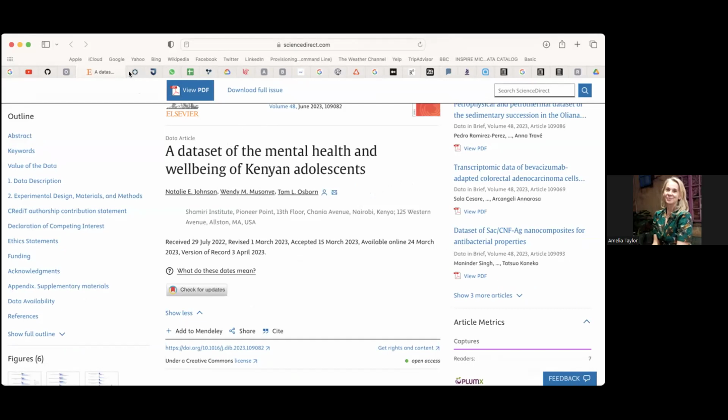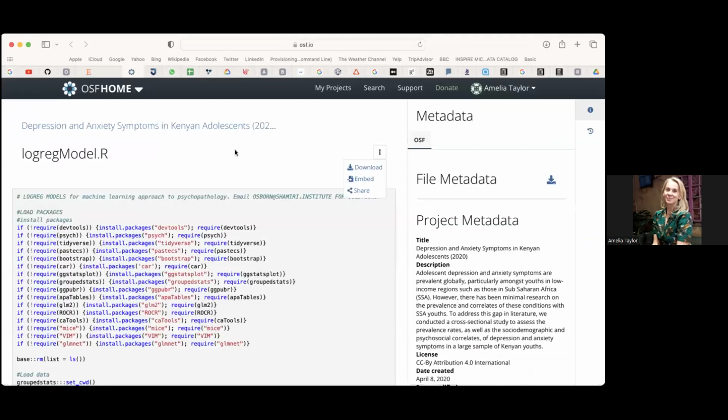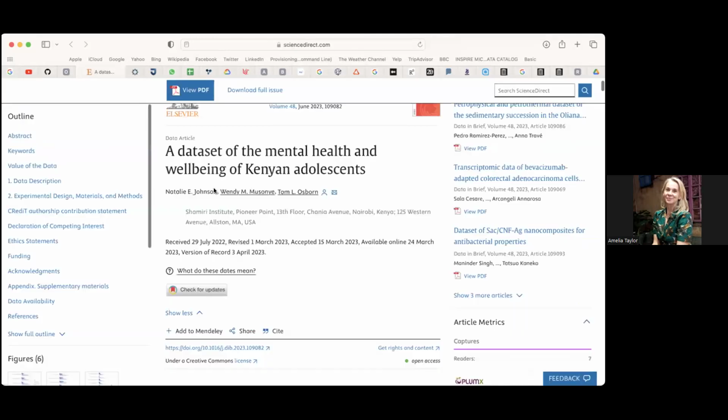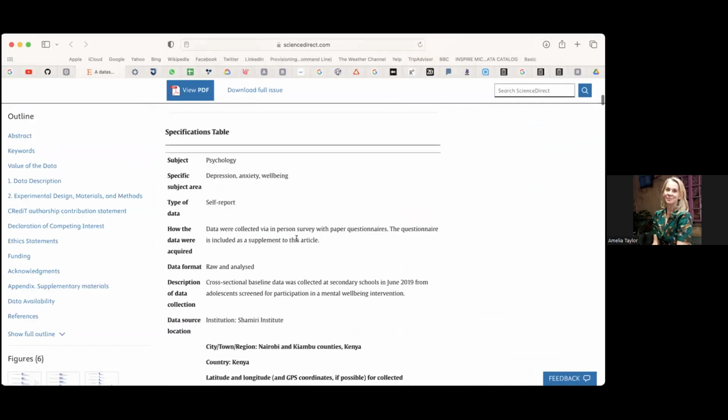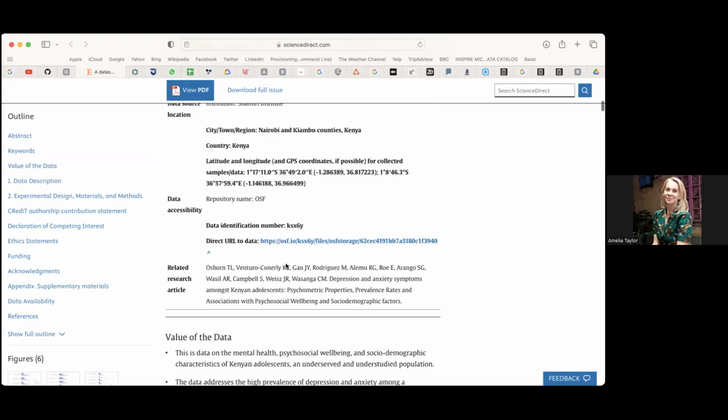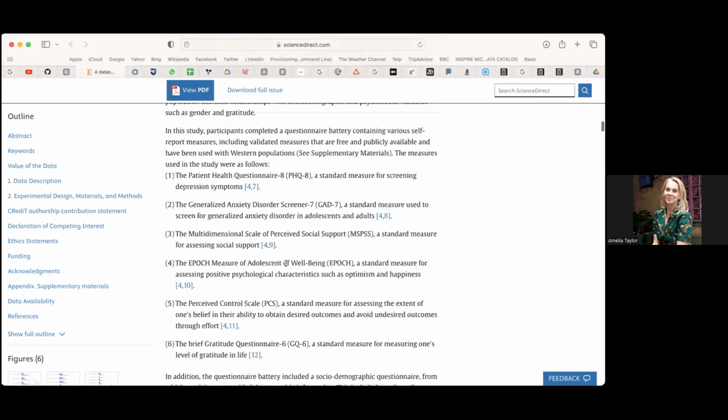This study has all the data that was used and the models available, so people could replicate the results. If we had time, we could look into replicating some of this and trying to break down these models. What do they mean? What does the data look like? And the good thing is the paper is available.